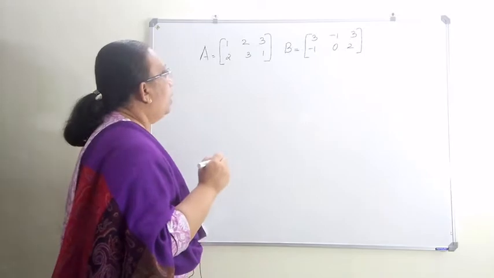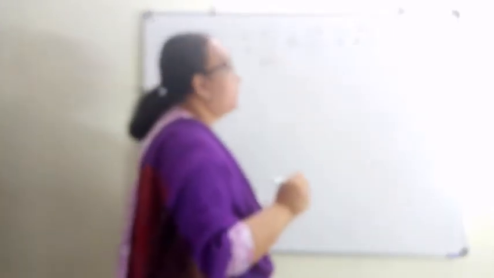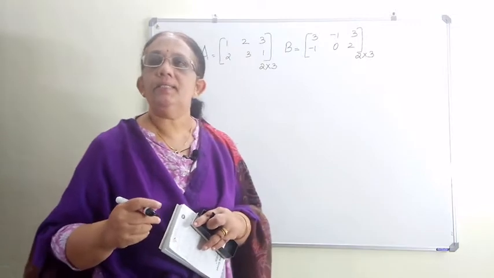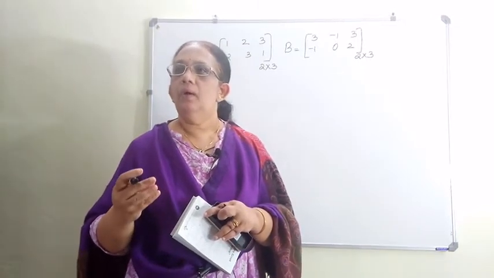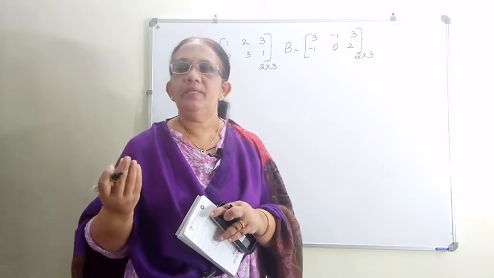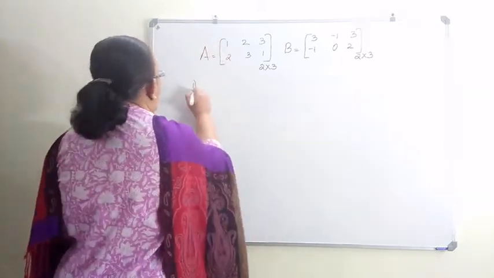What is the order of matrix A? Matrix A has 2 rows and 3 columns, so 2 by 3. Matrix B is also of order 2 by 3. That means these two matrices are applicable for addition and subtraction.